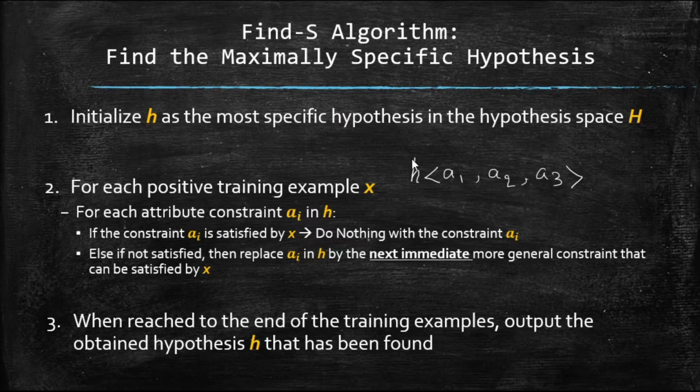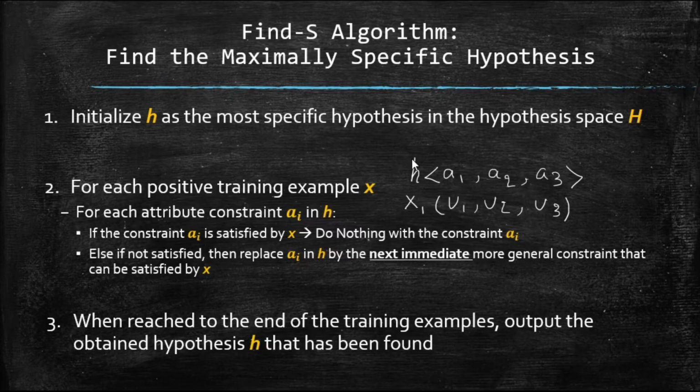And say your first example, X of 1, has, say, value 1, value 2, and value 3, some values, whatever they are. The way this Find-S algorithm works is that it would grab the first positive example in the training set, let's call it X of 1.